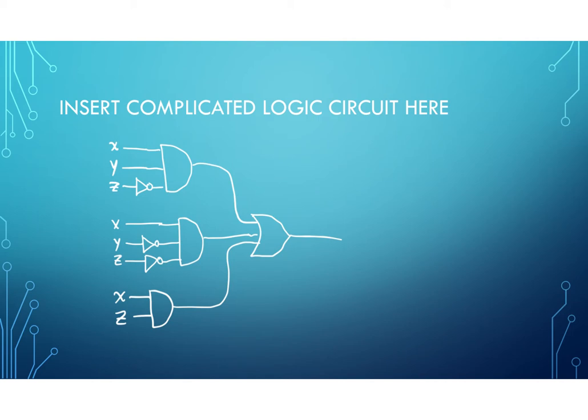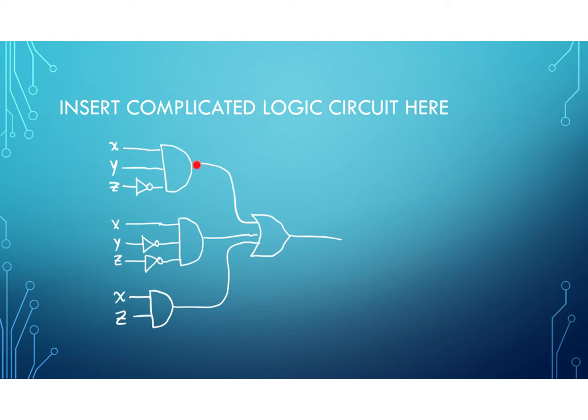To help us answer this question, we need to know some properties of Boolean algebra, but before we even do that, we should write this circuit diagram as a Boolean expression. This first AND gate is going to be three things multiplied together, because remember, AND means times in the Boolean world.